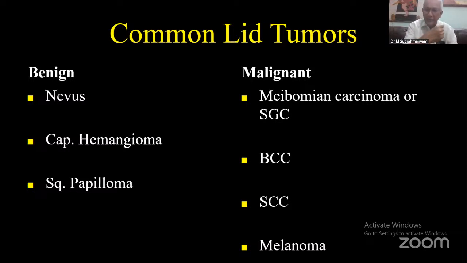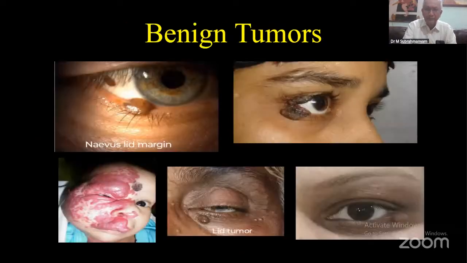Because of the pigment, we are protected from BCC, and basal cell carcinoma is the second most common lid malignancy among Indians, followed by squamous cell carcinoma and rarely melanoma.